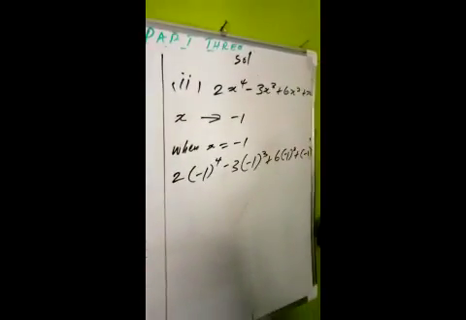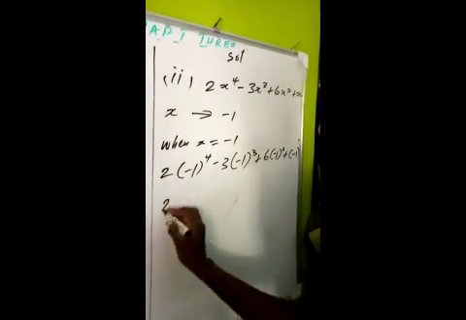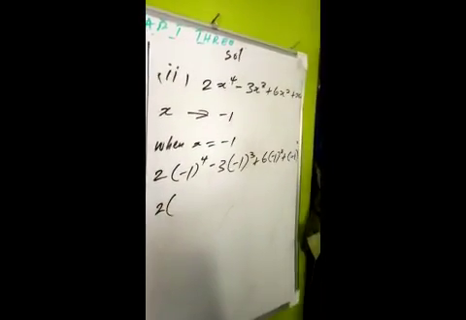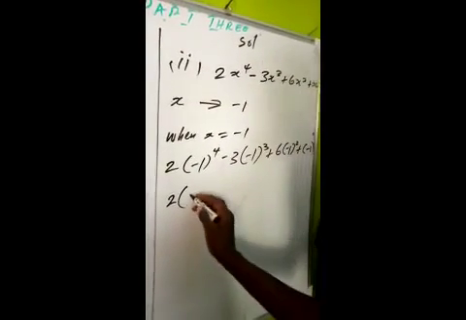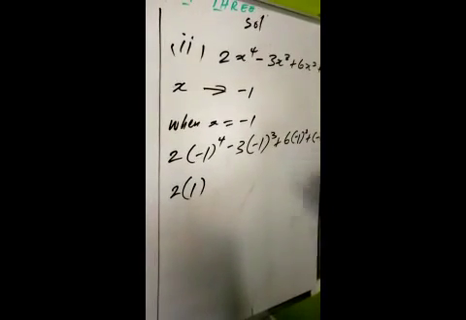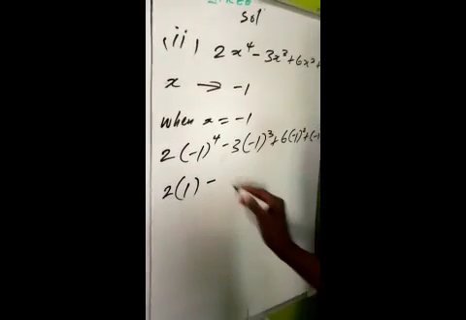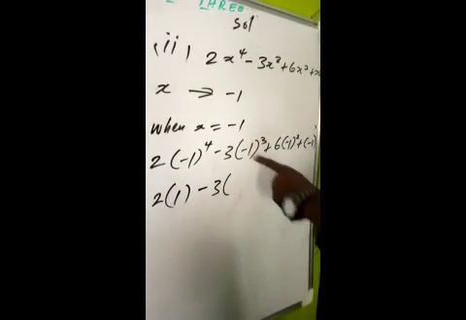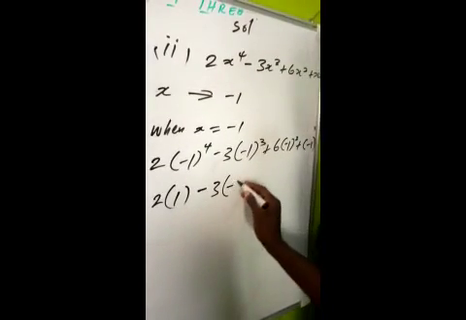From this one, let us break it down. Therefore we have 2 into, from here, minus 1 raised to power 4 will give us 1, because minus 1 times minus 1 turns to plus, which is 1. Then we have minus 3 bracket minus 1 raised to power 3 will give us minus 1.